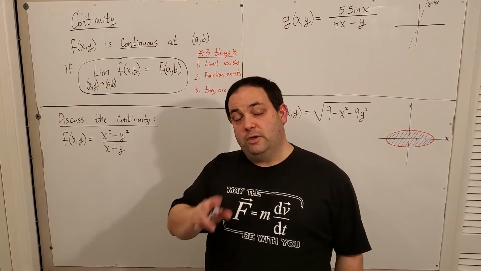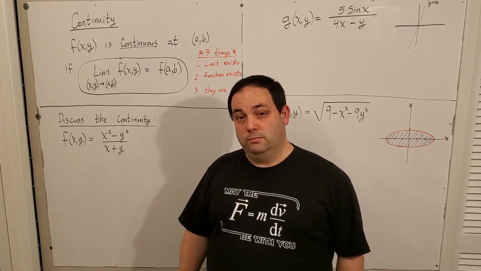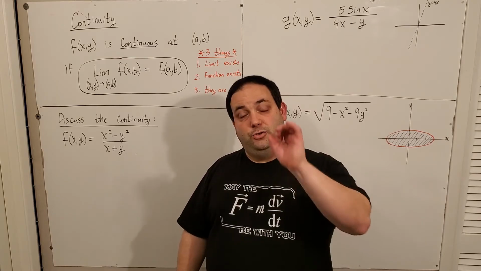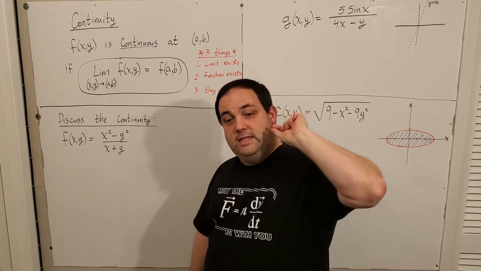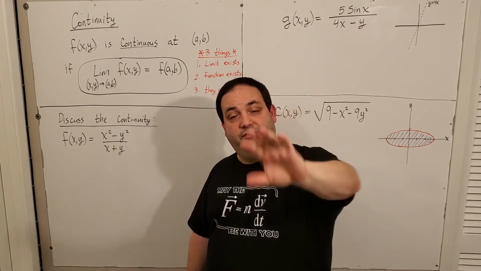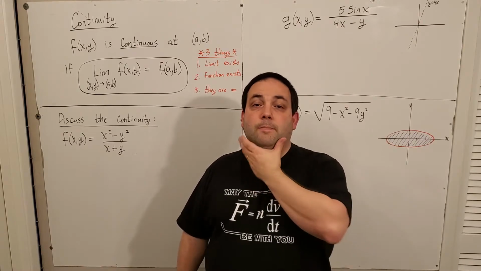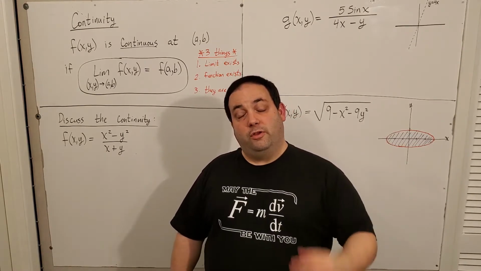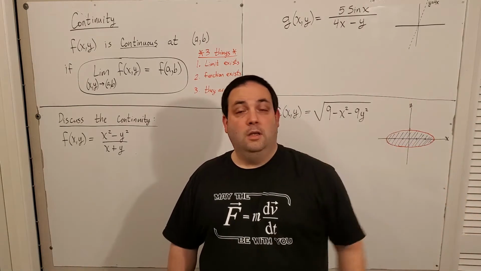And remember, there's two different kinds of discontinuities, right? There's removable and non-removable. The removable kind is usually a singular point, something that you can easily just replace a location with a function value of your choosing using a piecewise function. Okay? Those limits are the kind of limits that exist, but the function does not.